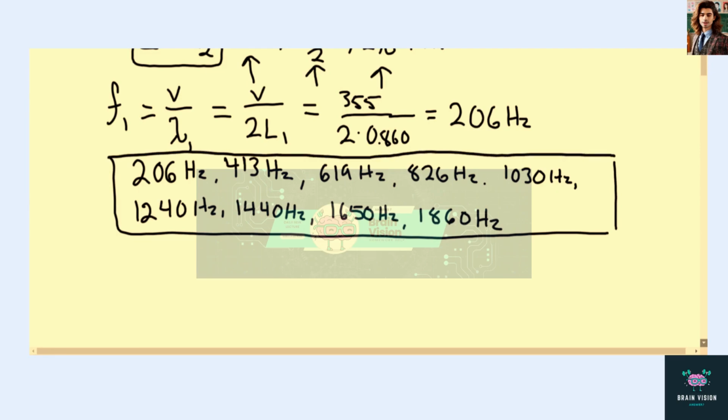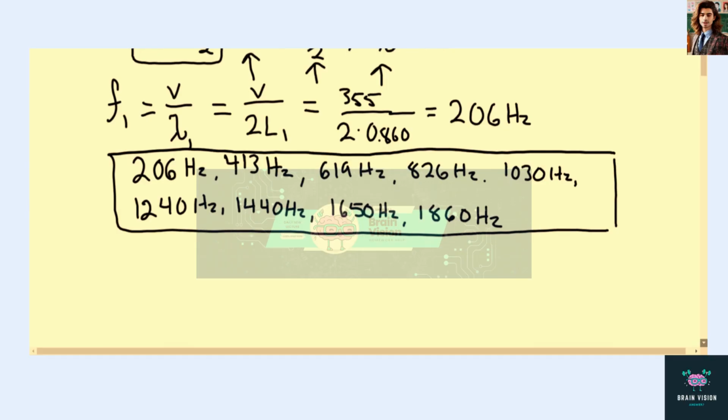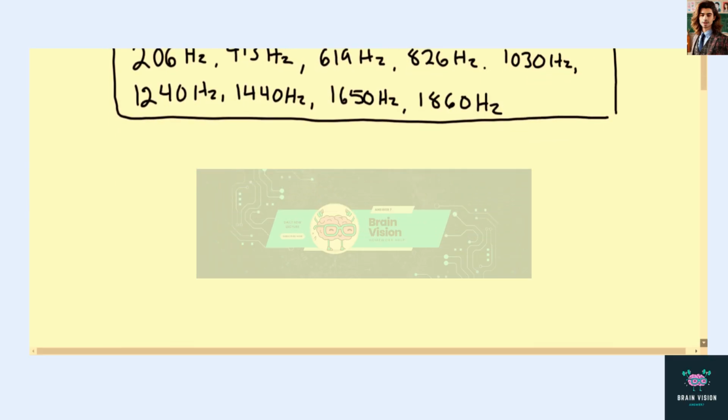Now we do the same thing, but this time we're dealing with the length of 210 centimeters. Then we have F2 is equal to V divided by lambda 2.